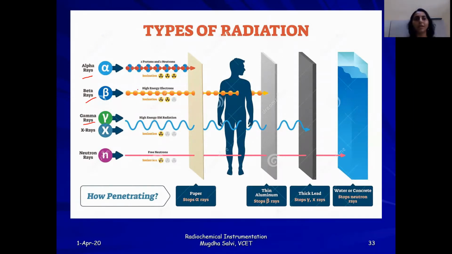Beta particles will pass through paper and through human beings, and they will be obstructed by thin aluminium sheets. Whereas gamma radiations will pass through paper, human beings, and thin aluminium, and will be obstructed by lead only. So this is the penetration power of alpha, beta and gamma radiations.